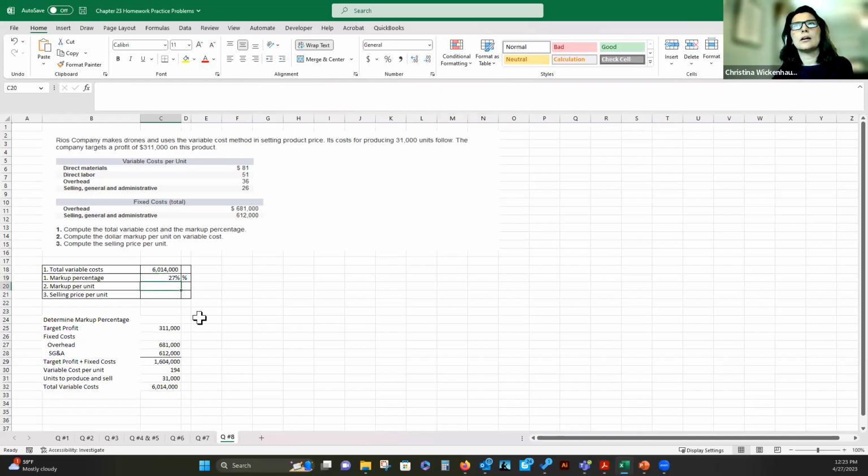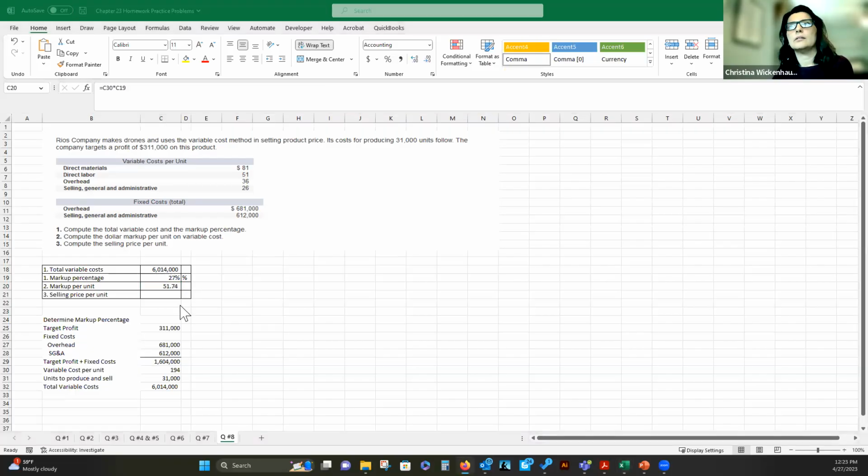And then our markup per unit, so we're going to take this variable cost per unit, and we're going to times that by our markup percentage. And we're going to change that to a number. They're actually wanting us to do the whole number.